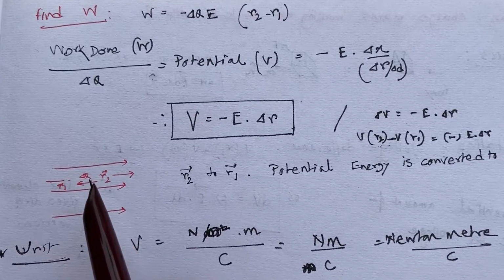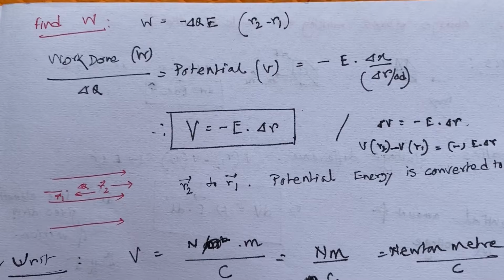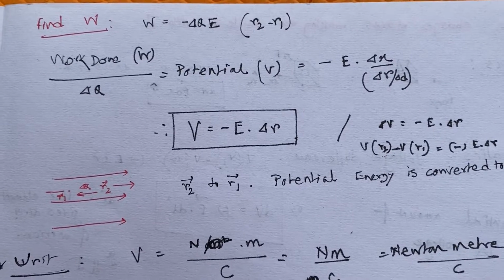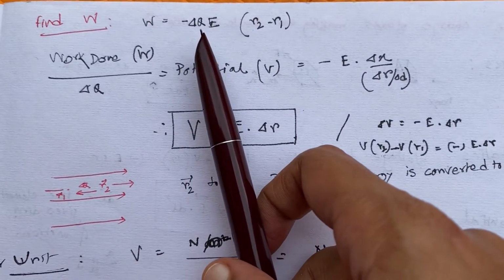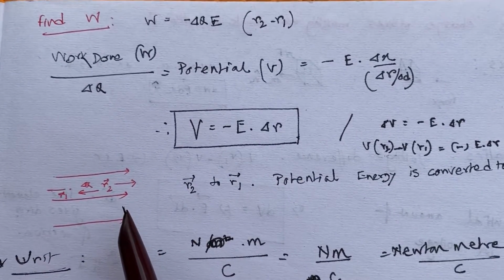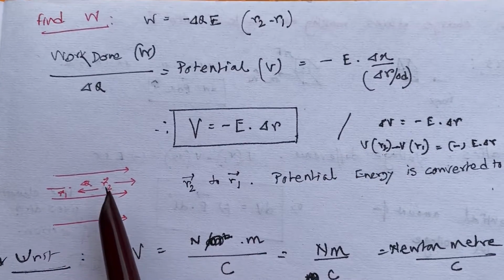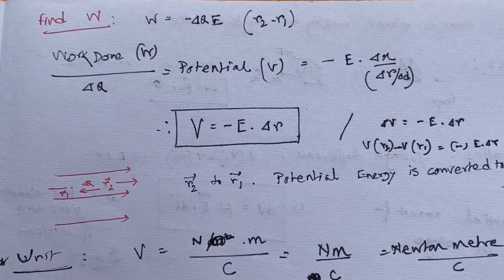We know from our concept of mechanics that work done is equal to force into displacement. Force on this delta Q charge is delta Q into E, that is the value of the electric field, and R2 minus R1 is the amount of the displacement.